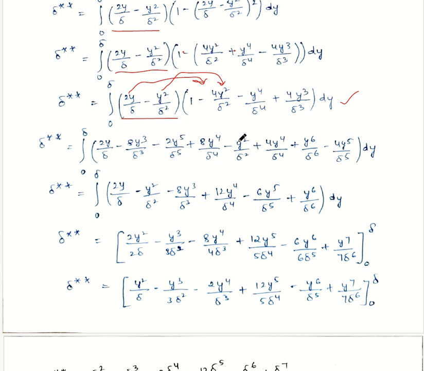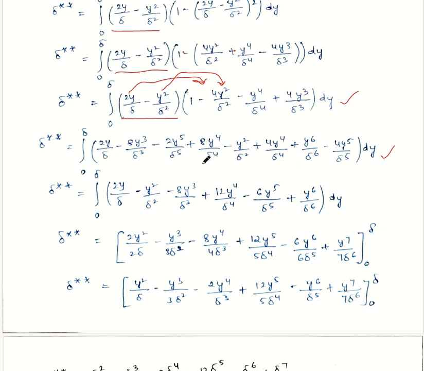Minus y square by delta square into 1 is minus y square by delta square; minus y square by delta square into minus 4y square by delta square is plus 4y power 4 by delta power 4; minus y square by delta square into minus y power 4 by delta power 4 is plus y power 6 by delta power 6; and minus y square by delta square into 4y cube by delta cube is minus 4y power 5 by delta power 5 dy.